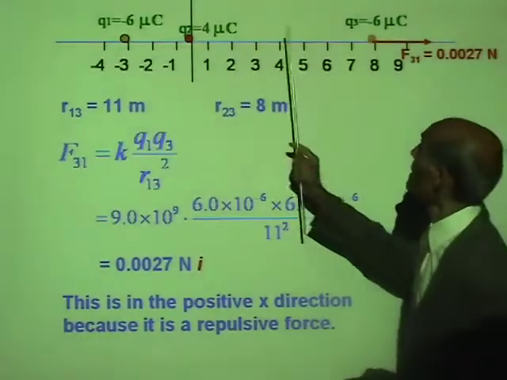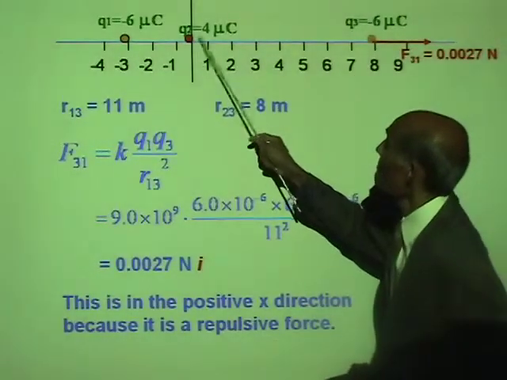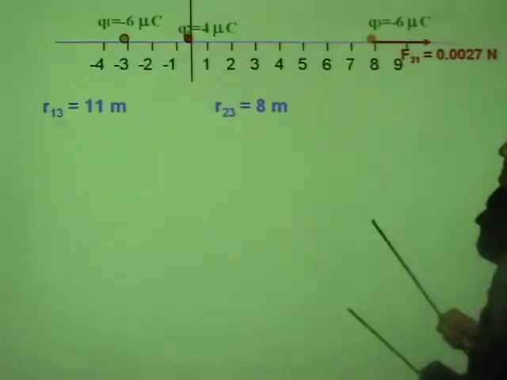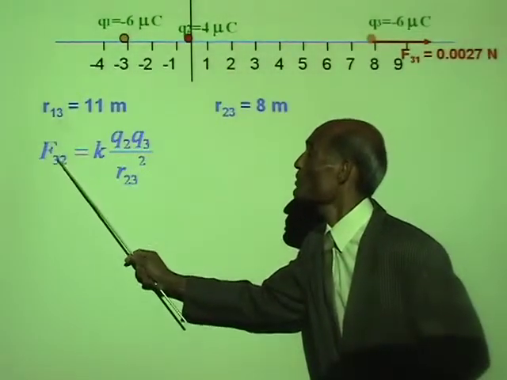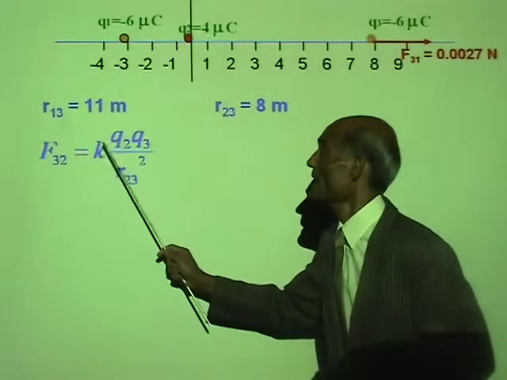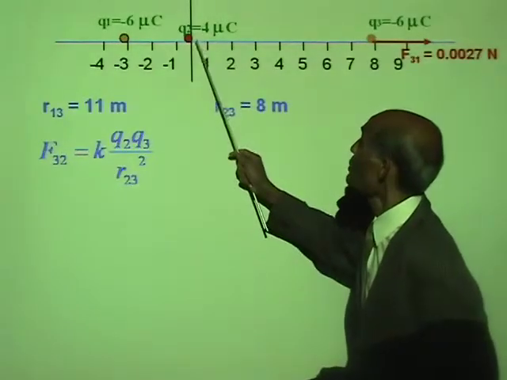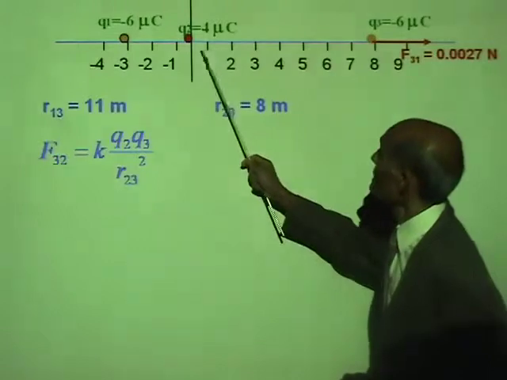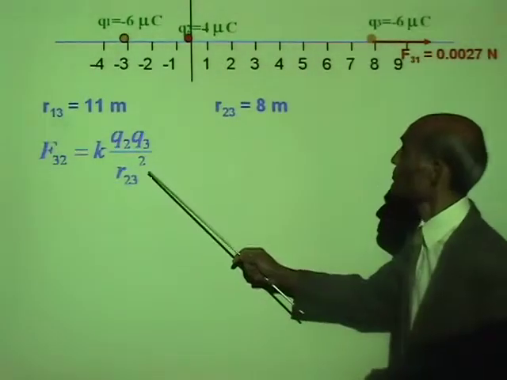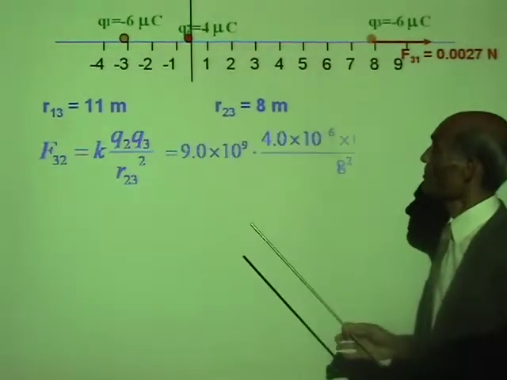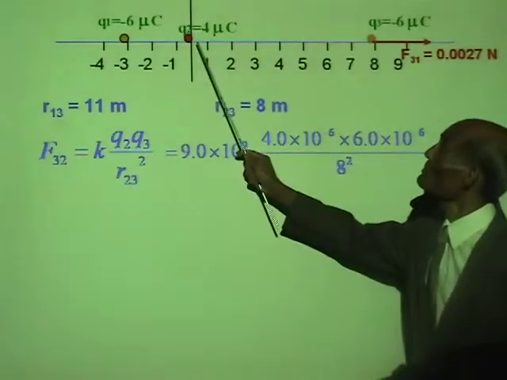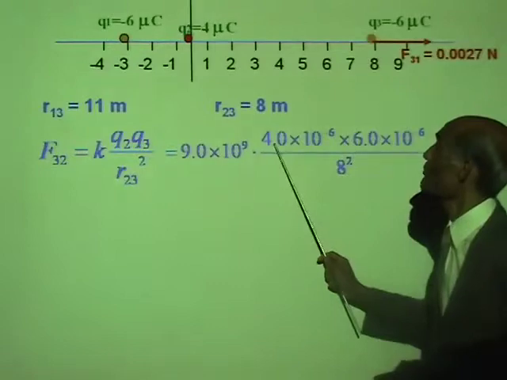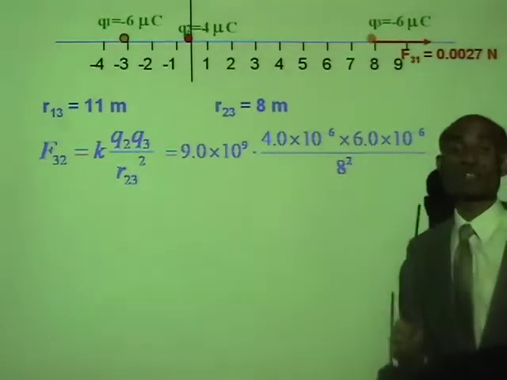Okay, let's now find the force on Q3 by Q2. Alright, F32, force on Q3 by Q2. Again, it is K times Q2 Q3 divided by R23 squared. Put all the values. K is 9 times 10 to the 9. Q2 is 4 microcoulomb, 4 times 10 to the negative 6.